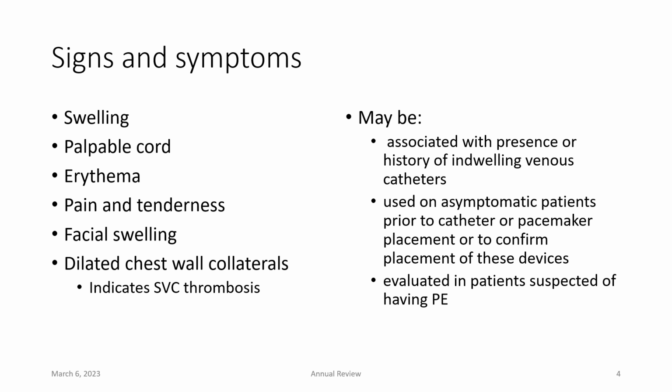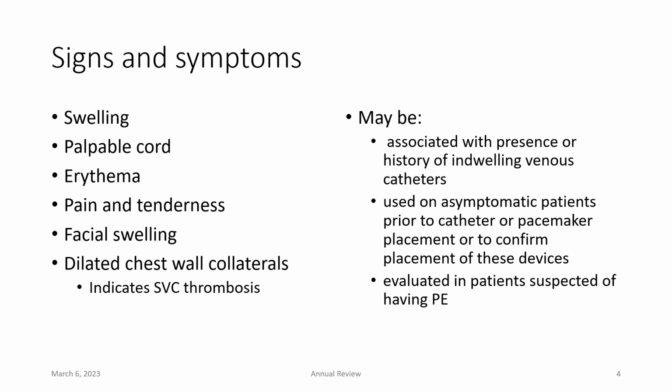This would indicate that there is some sort of superior vena cava thrombosis, which is causing a backup into that whole upper extremity and even into the neck and head and face, which would cause the production of collaterals to try and bypass that thrombosis.